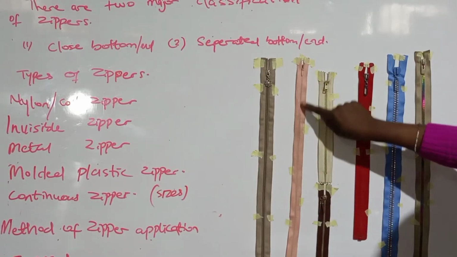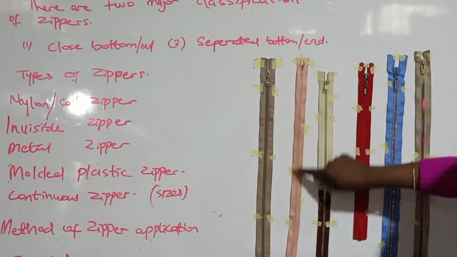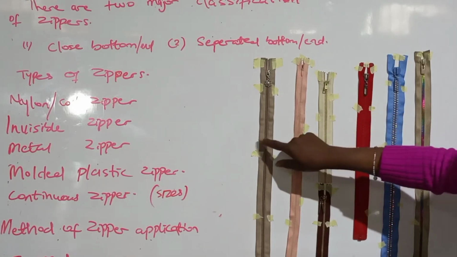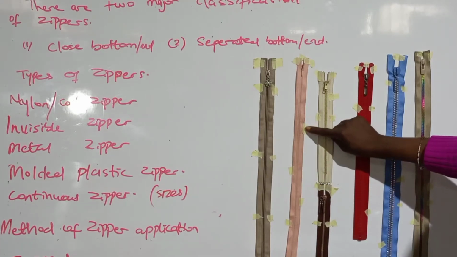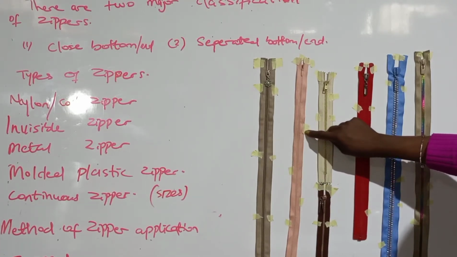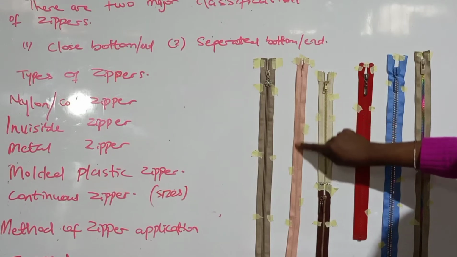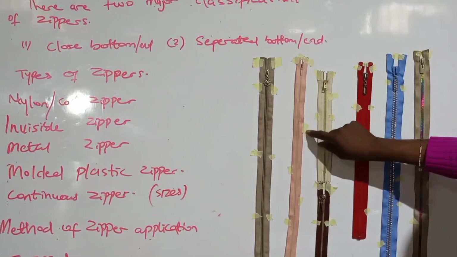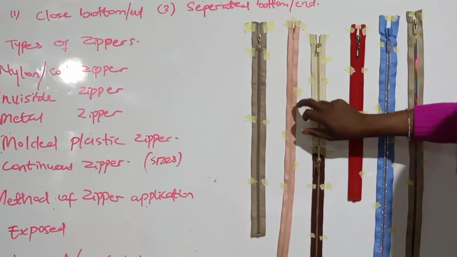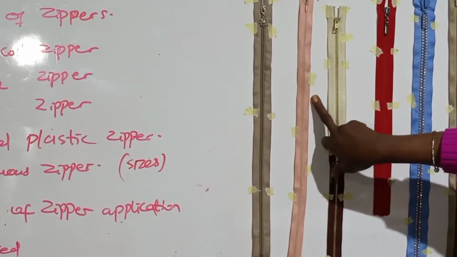It's not as strong as the coil zipper. So you have to be extremely careful when you are fixing it because once the needle crushes the teeth of an invisible zip, you may not be able to use it again.